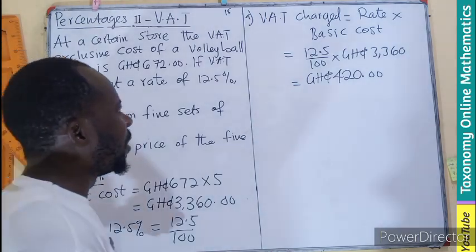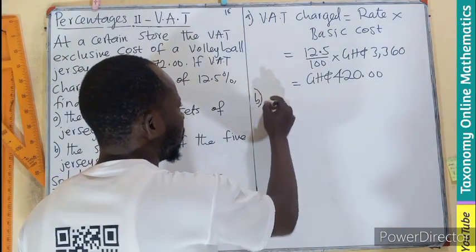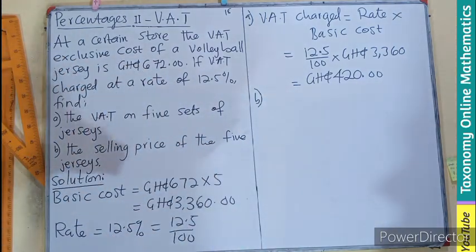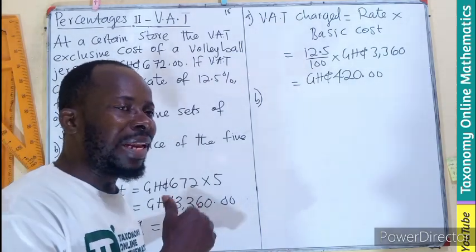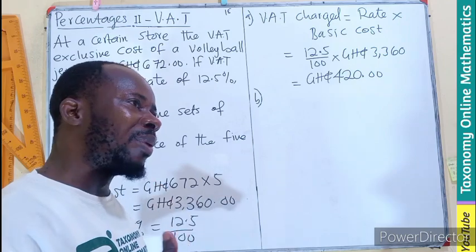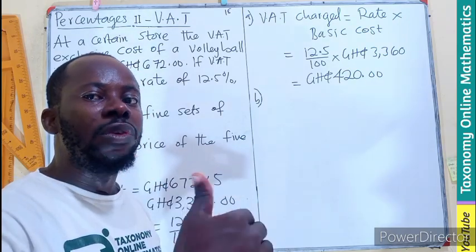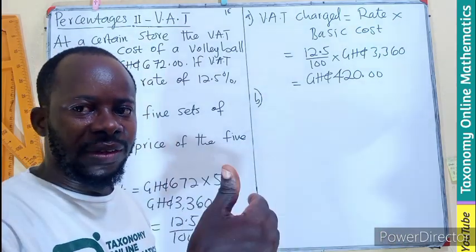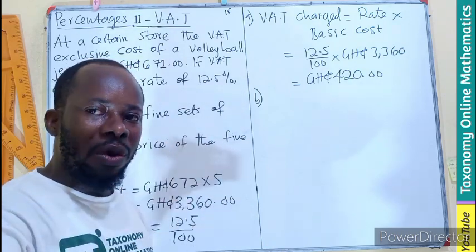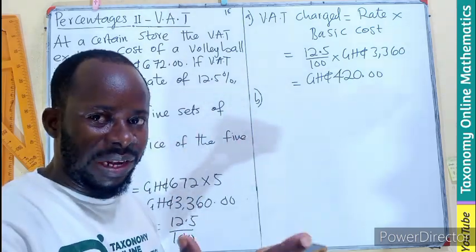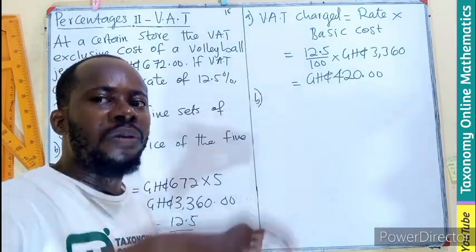Then part B is looking for the selling price of the 5 articles. If this is the selling price, then it means that we are looking for the VAT inclusive cost. The VAT inclusive cost is the basic cost plus the VAT charge.